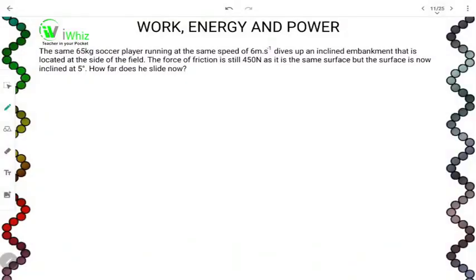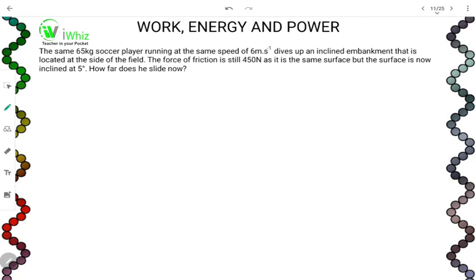So we want to look at using the same example that we used in the previous video. Do you remember we spoke about the footballer who slid to a stop and it took him 2,6 meters to come to a stop? Well, we want to look at the same example and try to see how we can now look at the conservation of energy and the formulas and see what we arrive at.